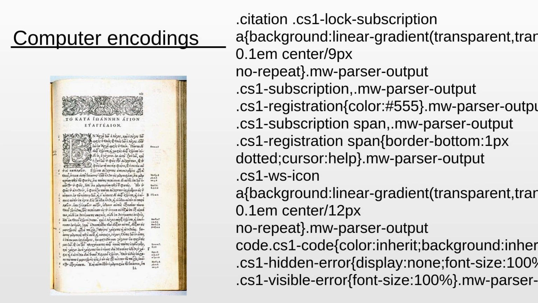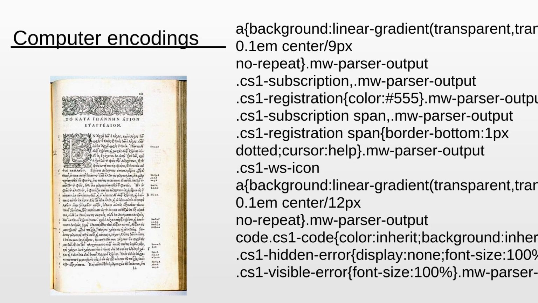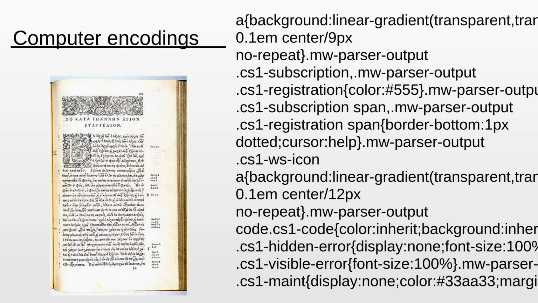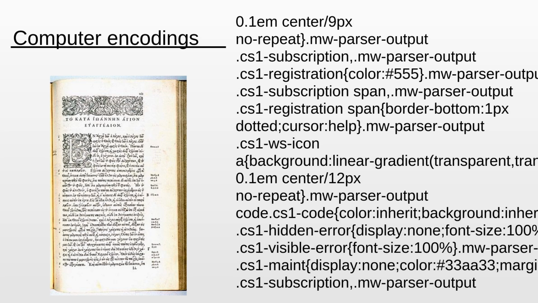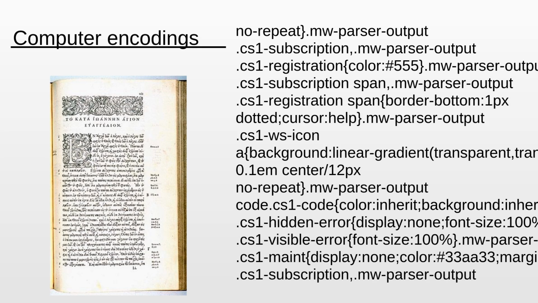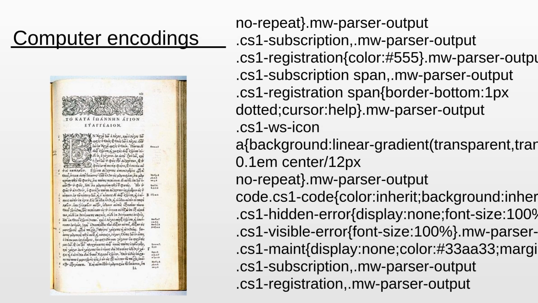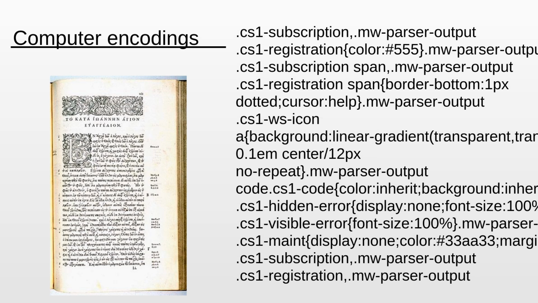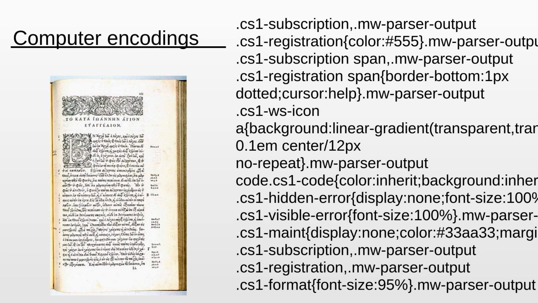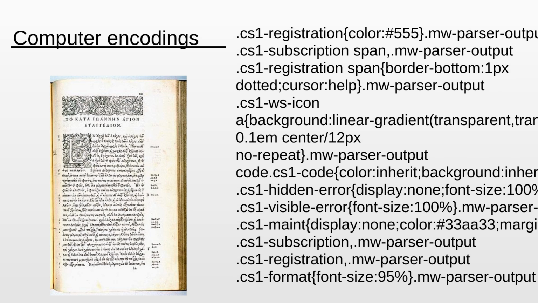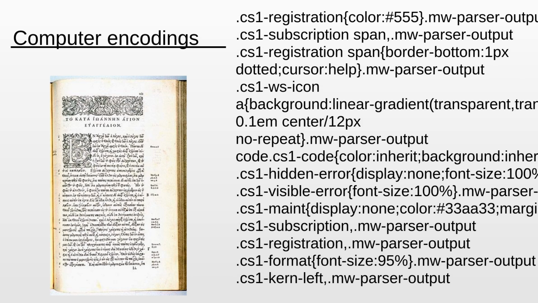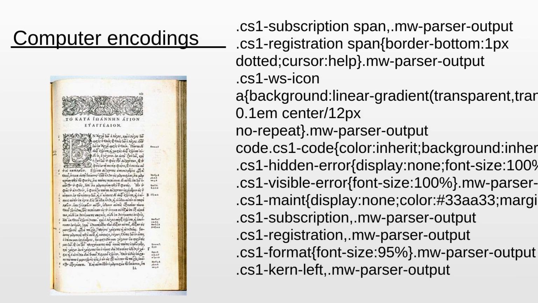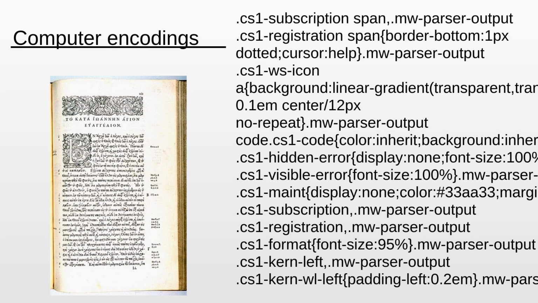Citation, CS1 lock subscription. A background, linear gradient, transparent, URL. upload.wikimedia.org/wikipedia/commons/a/r/lock-red-alt-2.svg. Write 0.1 centered 9px no repeat, MW parser output, CS1 subscription, MW parser output.